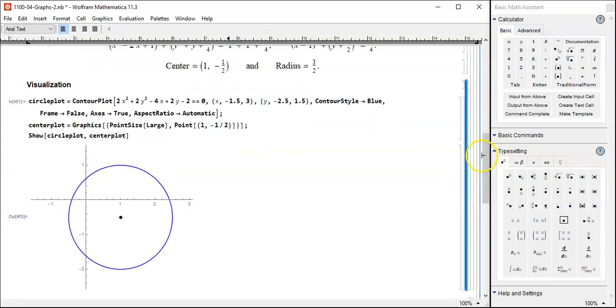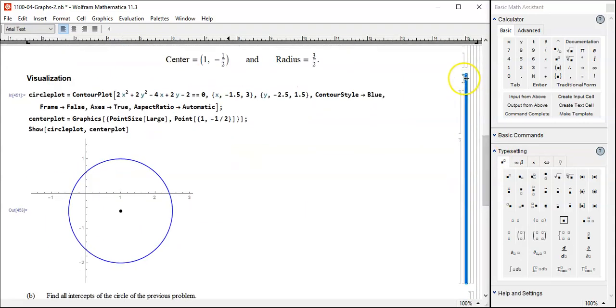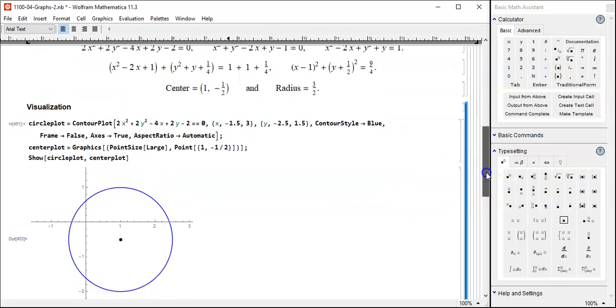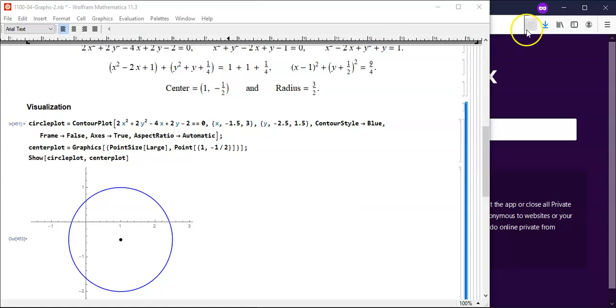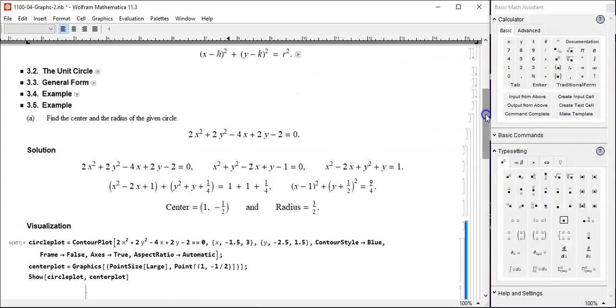Wait a minute. That reminds me of a nice technology exercise. Let's open up a web browser and let's do this with the Desmos graphing calculator. Okay, here we go.